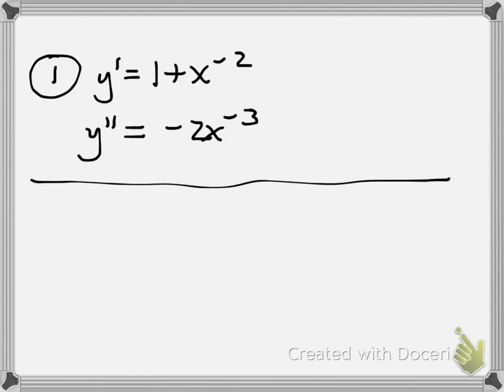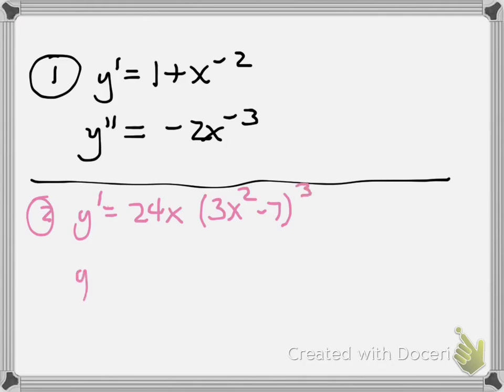Practice problem number 2: the first derivative was 24x times 3x squared minus 7 to the third. Notice, before I write the second derivative, you're going to have to use the product rule, because you have 24x as one function and this cube thing as another.